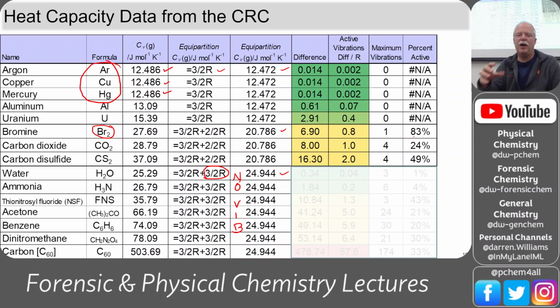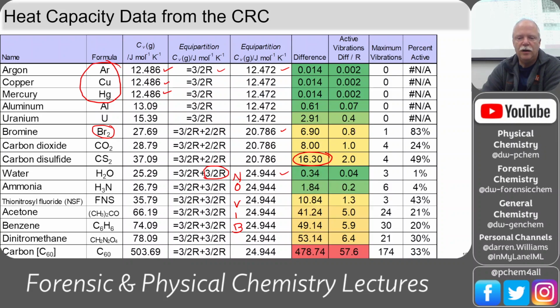And the smallest energy vibration is the bending mode. And so for the carbon dioxide, that bending mode is not very excited. Only 24% of those vibrations is active. But in the CS2, both of them, so the bending motion in this direction and the bending motion in that direction, are active at room temperature. And that's where this extra 16.3 joules per mole is coming from.